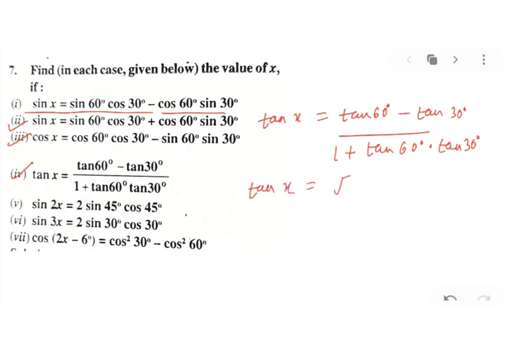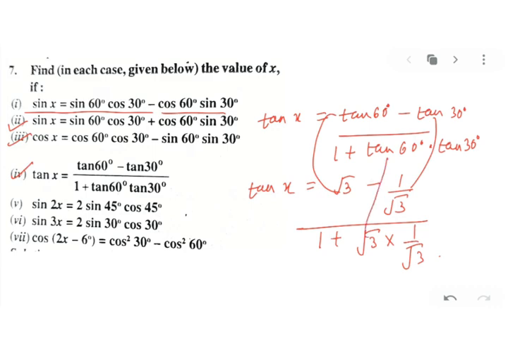You have to just put in the values. Tan 60 I have put root 3. Tan 30 is 1 upon root 3. And down I have put tan 60 again root 3. Multiplication with tan 30, that is 1 upon root 3. So I have just put in their values and I'll start with solving it.